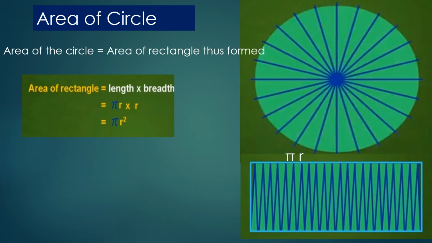Therefore, length is equal to pi r and breadth is coming as the radius of the circle. Therefore, length of this rectangle is pi r and breadth of this rectangle is r. Therefore, area of this rectangle is equal to pi r into r, that is equal to pi r square. Thus, we have got the formula for finding out area of a circle: pi r square.